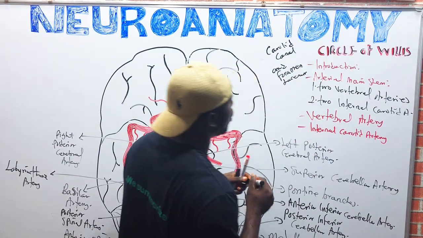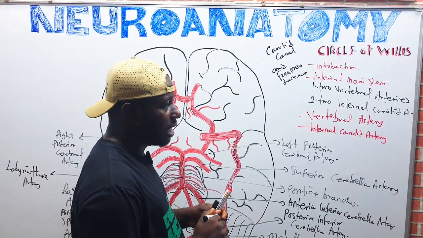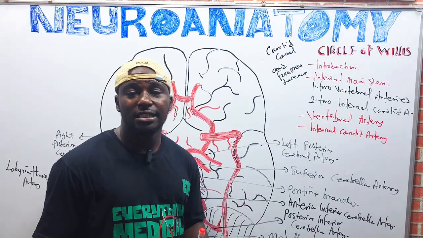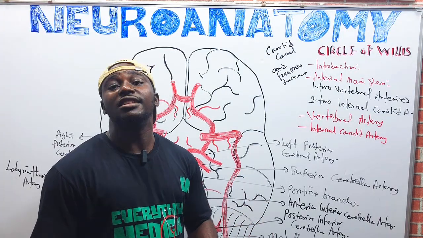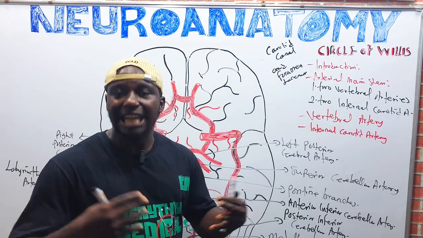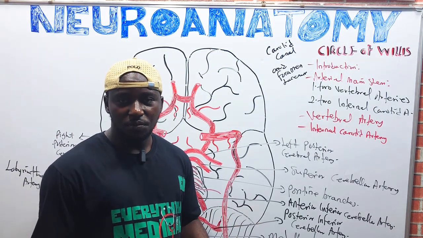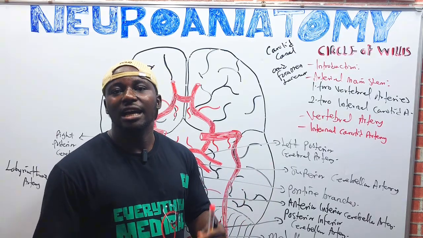It passes through the superior part of the what? Foramen lacerum. At that place, it then takes a sinus course through the cavernous sinuses, where it ends immediately, which is now lateral to the what? Optic chiasma in that region.